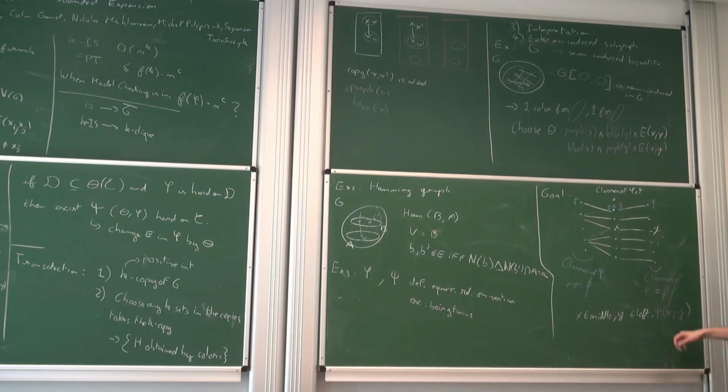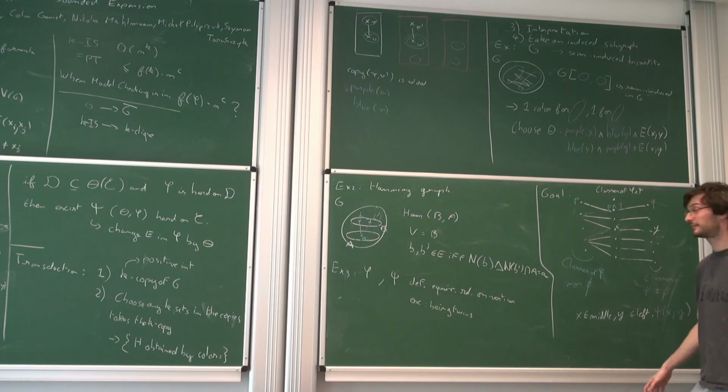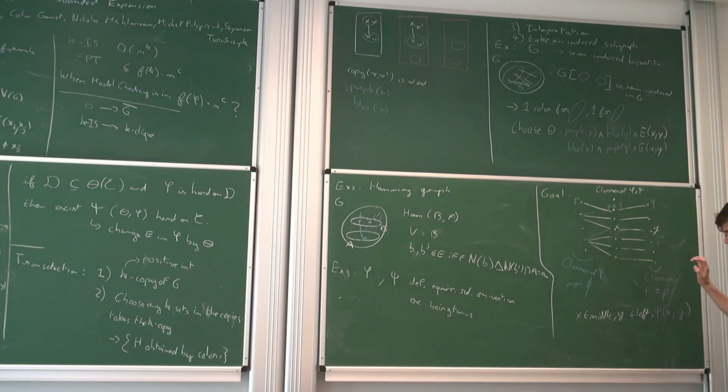So this example is a bit complicated, I agree, but just to give you an idea of the range of possibilities we can have, and in what we will search for, we are looking for classes that are stable for these transductions. So in the end, this graph, for example, cannot be any tripartite graph.